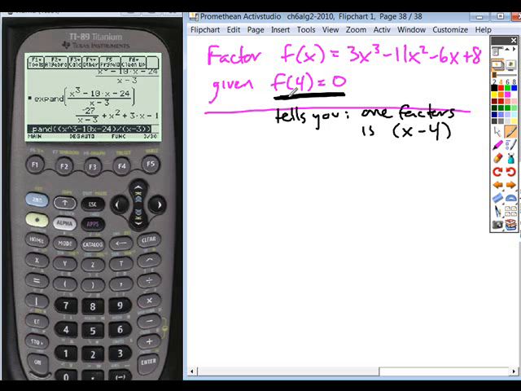So let's say we look to factor. If we take 3x cubed minus 11x squared minus 6x plus 8, and we divide this by what we now know, x minus 4.